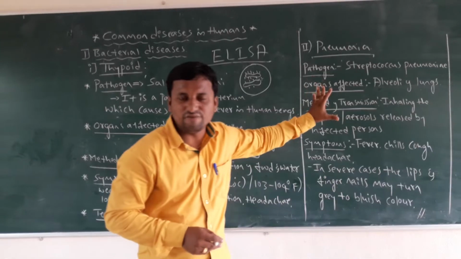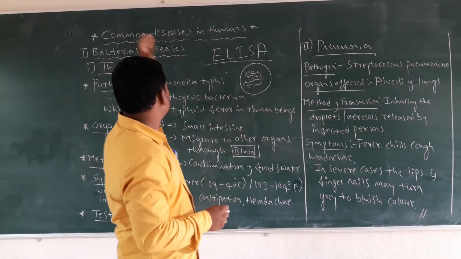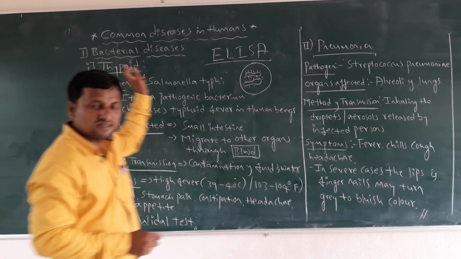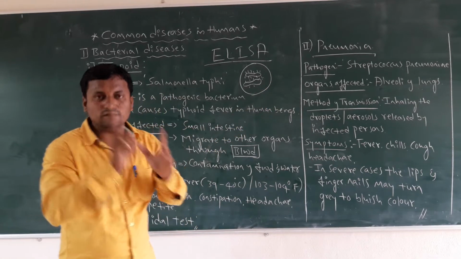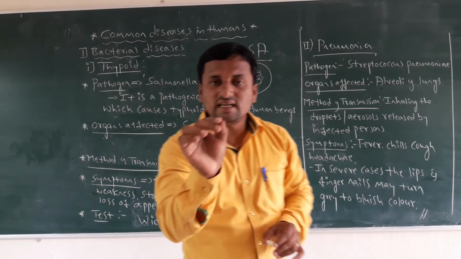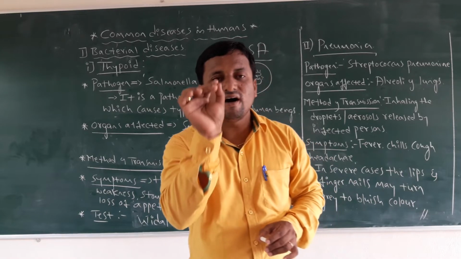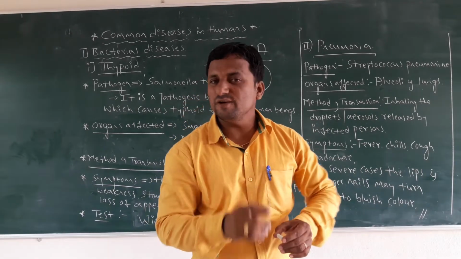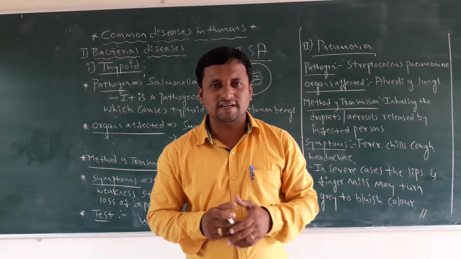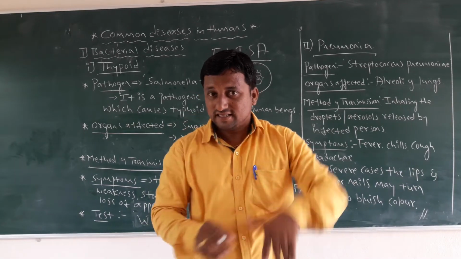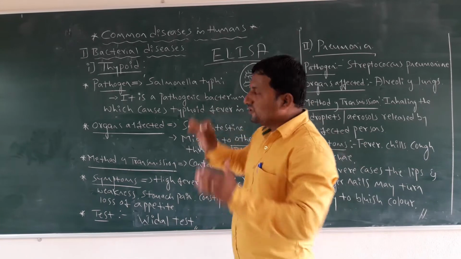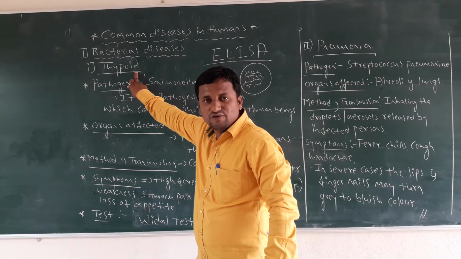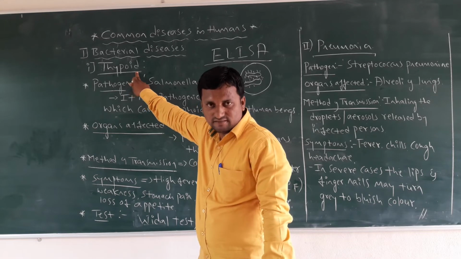So this is how we know about bacterial diseases like typhoid and pneumonia. You must remember, at CET and NEET level they will ask about the pathogen. What is the causative agent? Disease-causing organisms we call pathogens. They ask, for example, the causative agent of typhoid, which one?